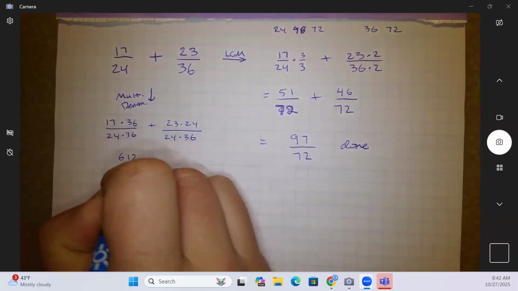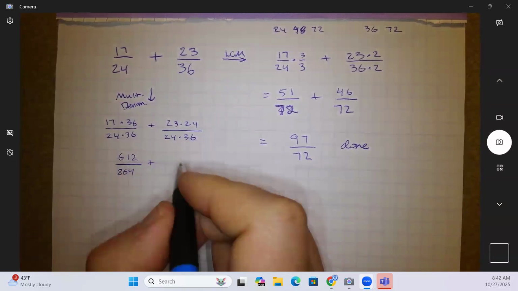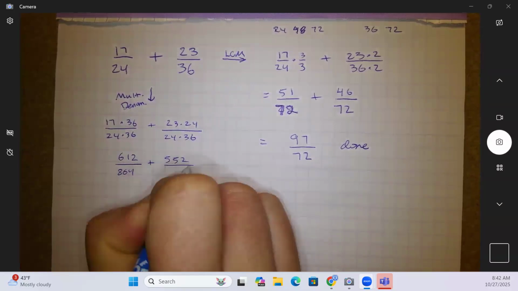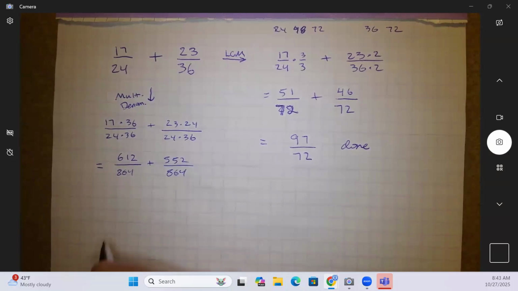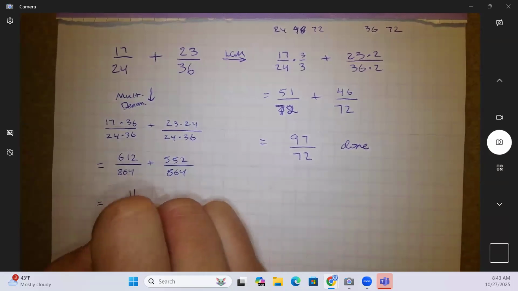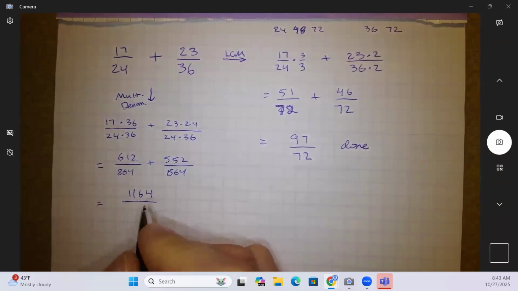So I'm going to get 612 over 864 plus 552 over 864, which is 1164 over 864.